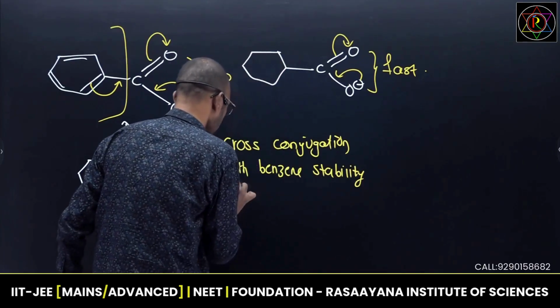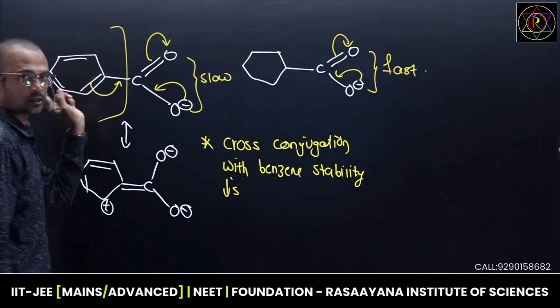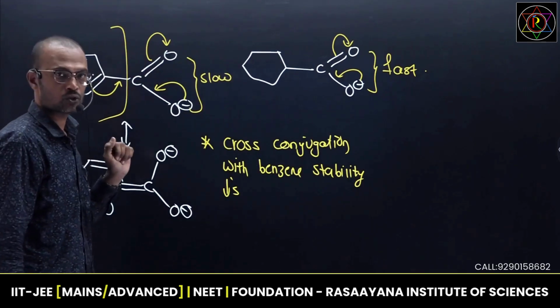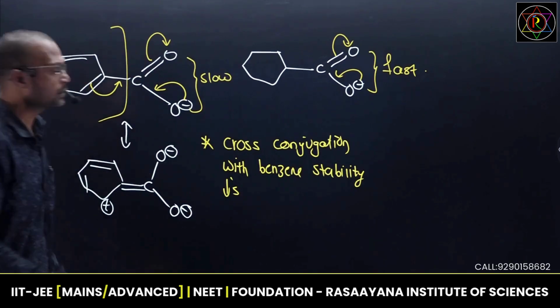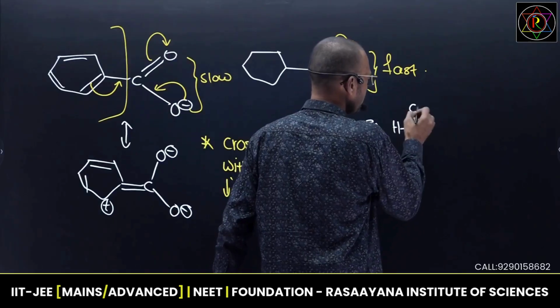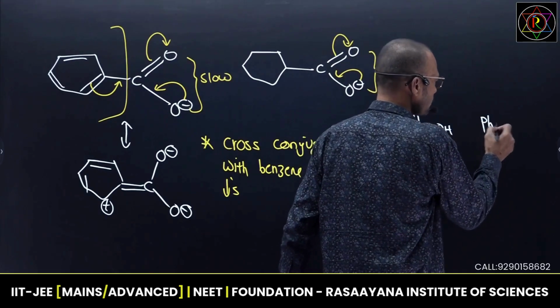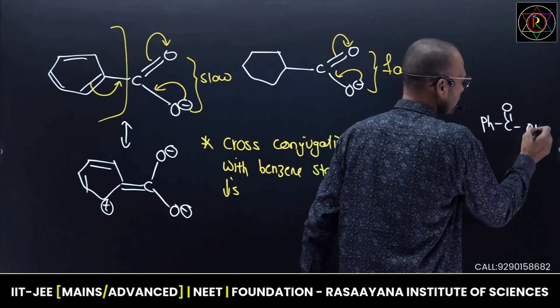Because see, whenever it is delocalizing, it is indirectly disturbing. This is called cross conjugation. So due to this cross conjugation, I can say that such a type of effect is observed in formic acid clearly. Clearly you can observe the difference here. So formic acid is more acidic as compared to benzoic acid due to this reason only.